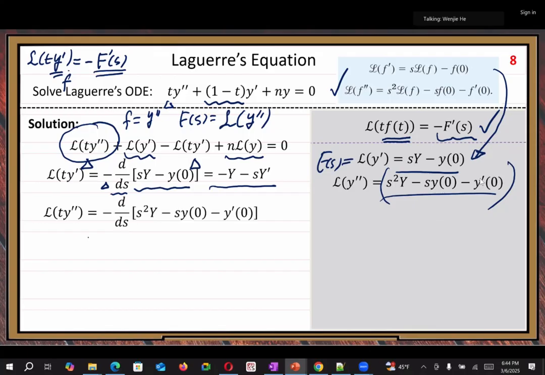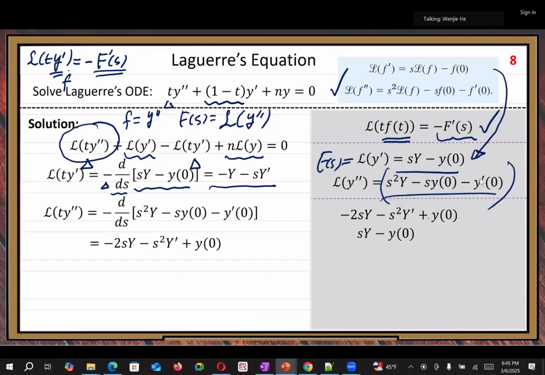This time, negative sign, that formula. After you simplify it, you get this expression and plug it in. But we need to add them together.